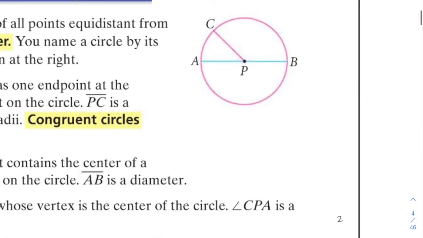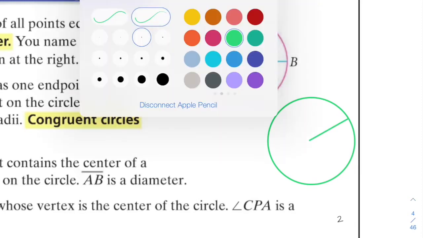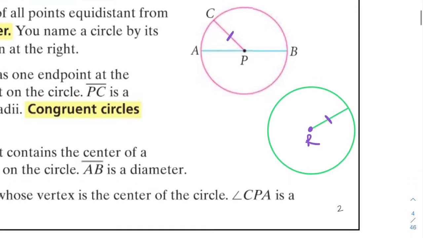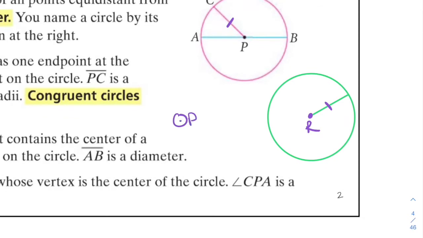So in this case, if I were to make a circle here so that these circles are congruent, we would label the radii and draw it like that. And so now we know that circle P is congruent to circle R. The notation for this is circle P congruent to circle R.